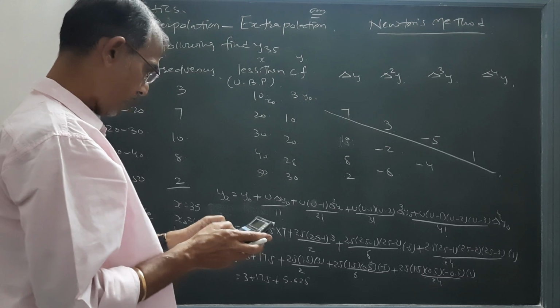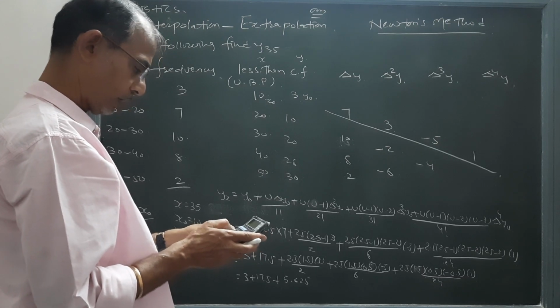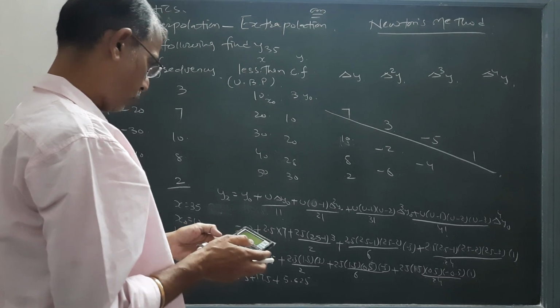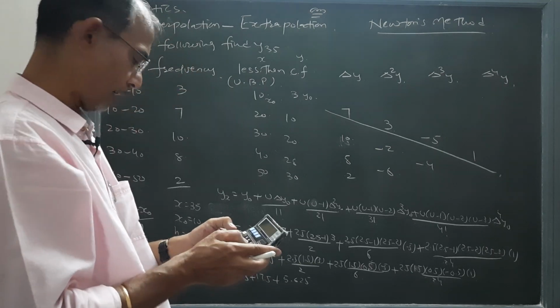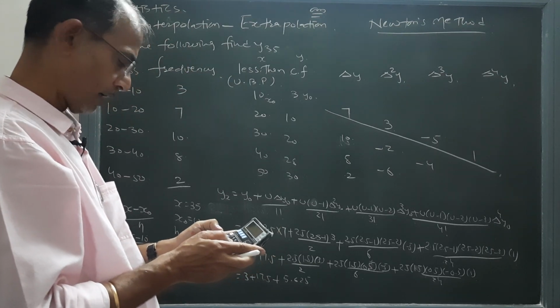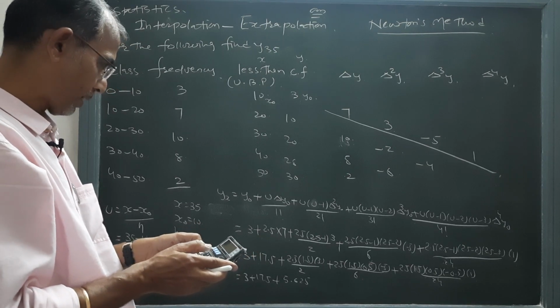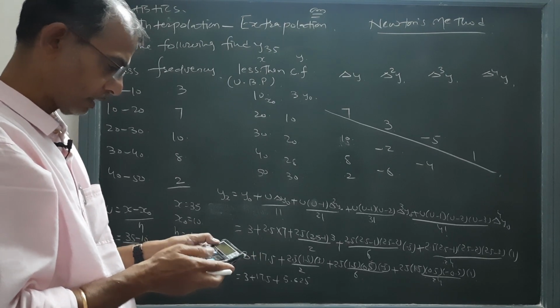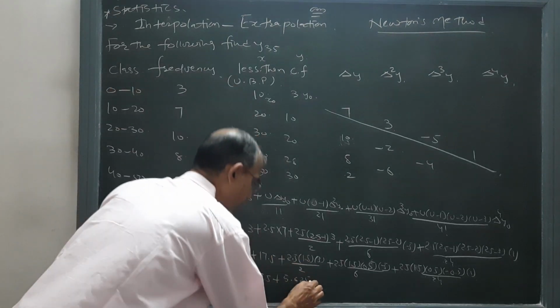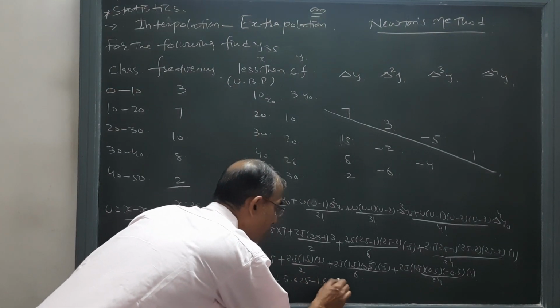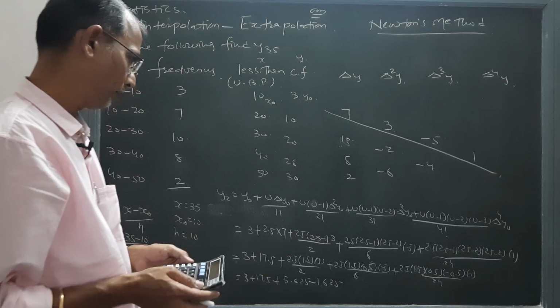Then 2.5 into 1.5 into 0.5 into minus 5 divided by 6 is equal to minus 1.625.